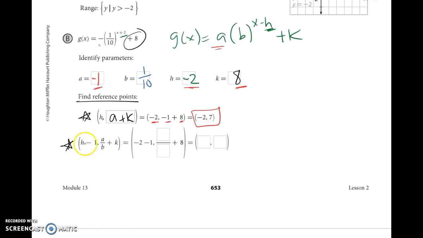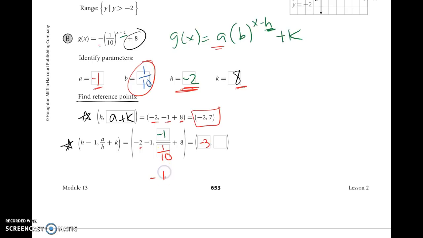Your second point is h minus 1, and h was -2, so -2 minus 1 is -3. a is -1, and b in this case is 1/10. I substitute that in, and then I have plus 8.